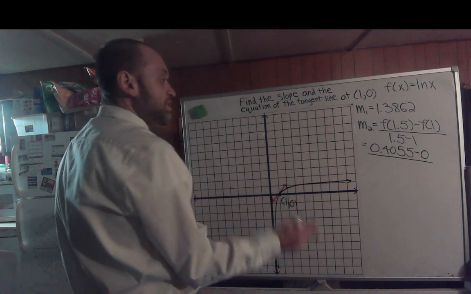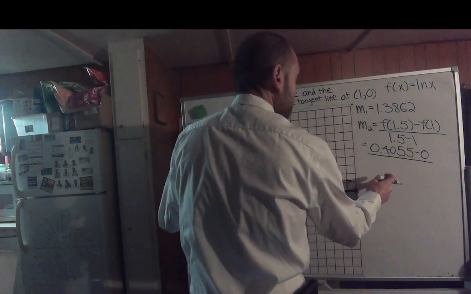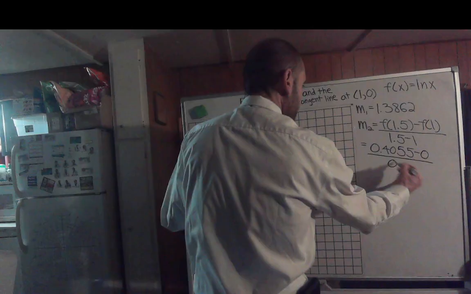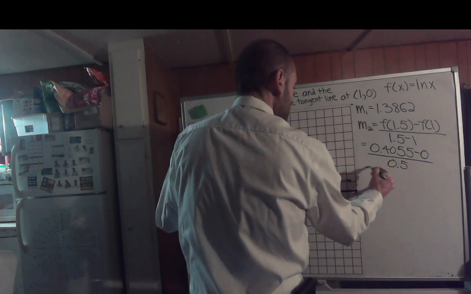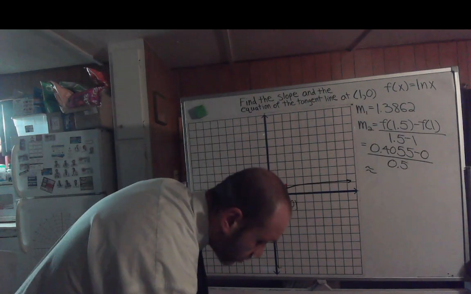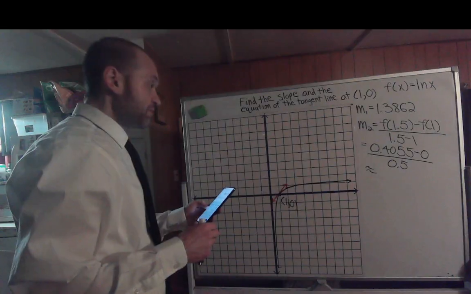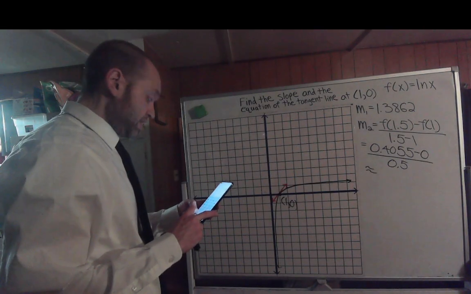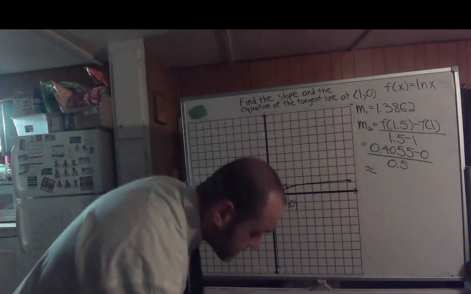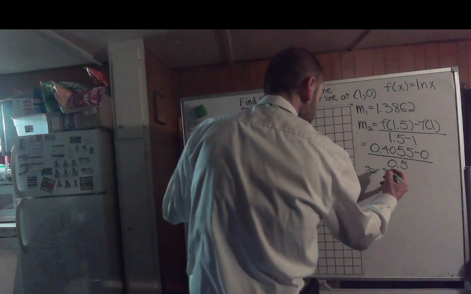Divide that by 1.5 minus 1, that's just divided by 0.5. Well, anything minus 0 is itself, so let's take that 0.4055 divided by 0.5, you get about 0.811.